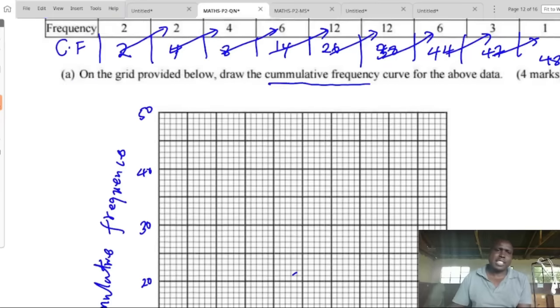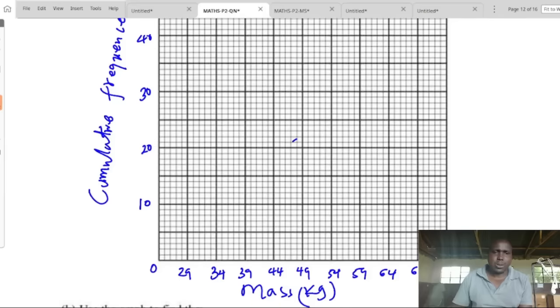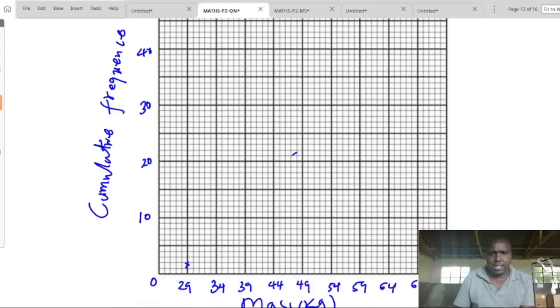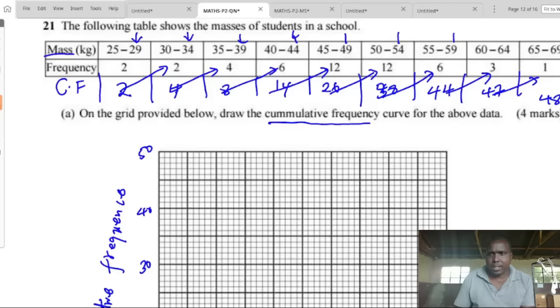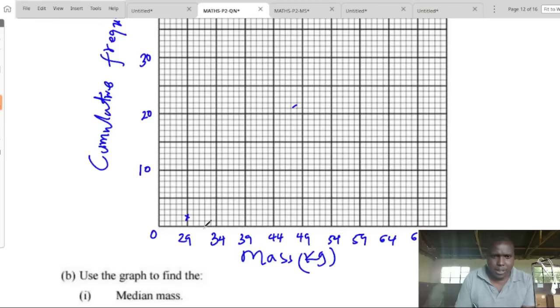Now after that, it is very simple. When the frequency is 2, that is when 29, the frequency is 2. So you come here, 1, 2, you write this here. You go to 34, the cumulative frequency when it is 34 is 4, 8. So you come here and wait for that, that is 4, 1, 2, 3, 4 here.